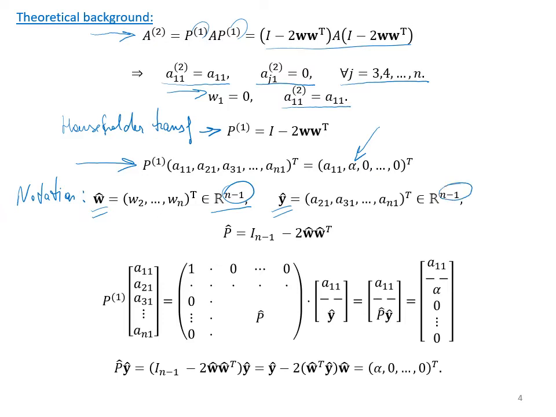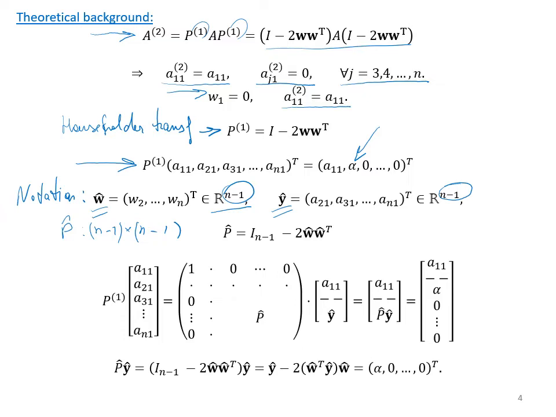And Y hat also has dimension n-1, from R^(n-1) space. As a consequence, P hat is going to be a Householder transformation, but P hat will also be an n-1 by n-1 matrix.